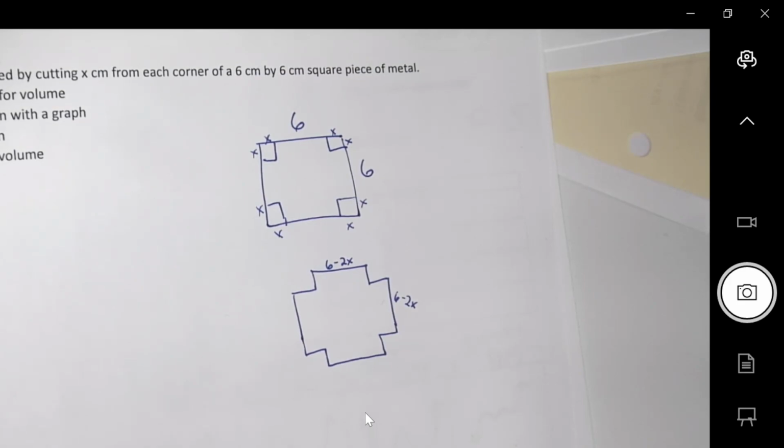Now what I'm going to do is fold up the sides. Maybe you've done this before. And now I have a box. Okay?